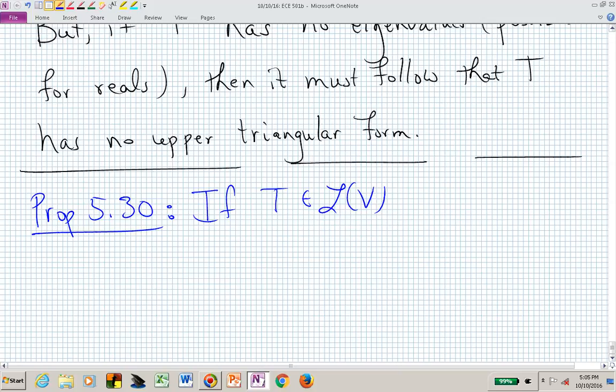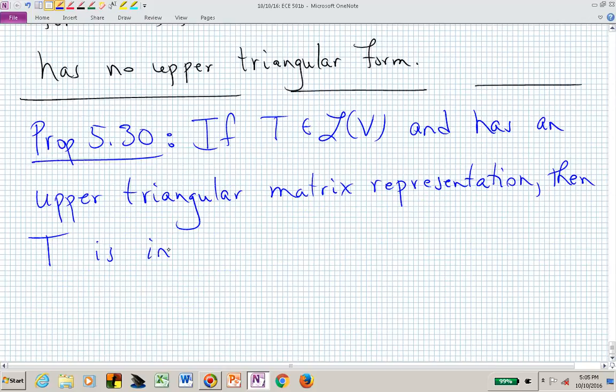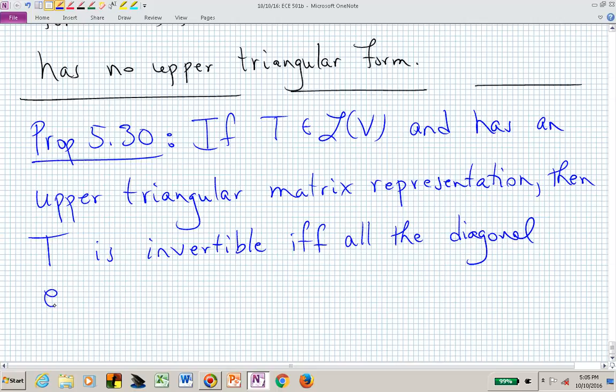If T is an operator on a vector space V and has an upper triangular matrix representation, then this linear operator T is invertible if and only if, so this is going both ways, if and only if all the diagonal entries of the upper triangular matrix are non-zero.